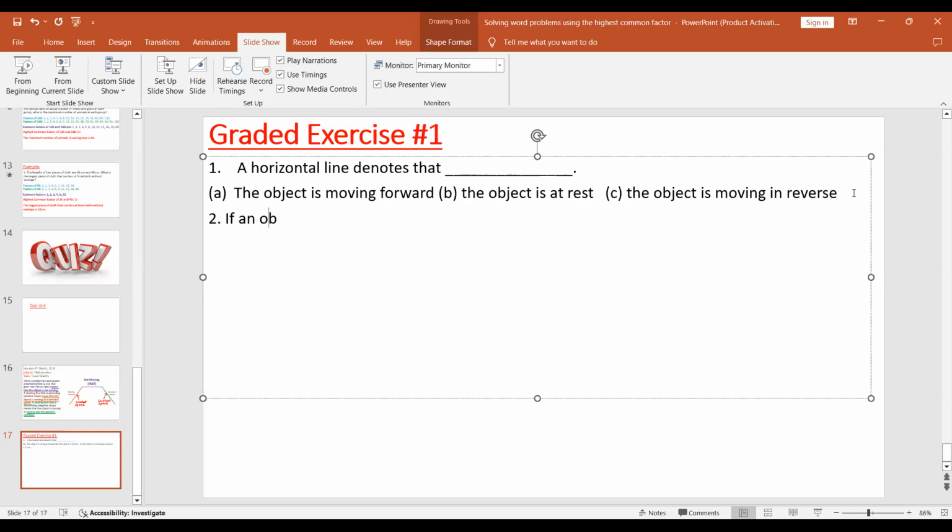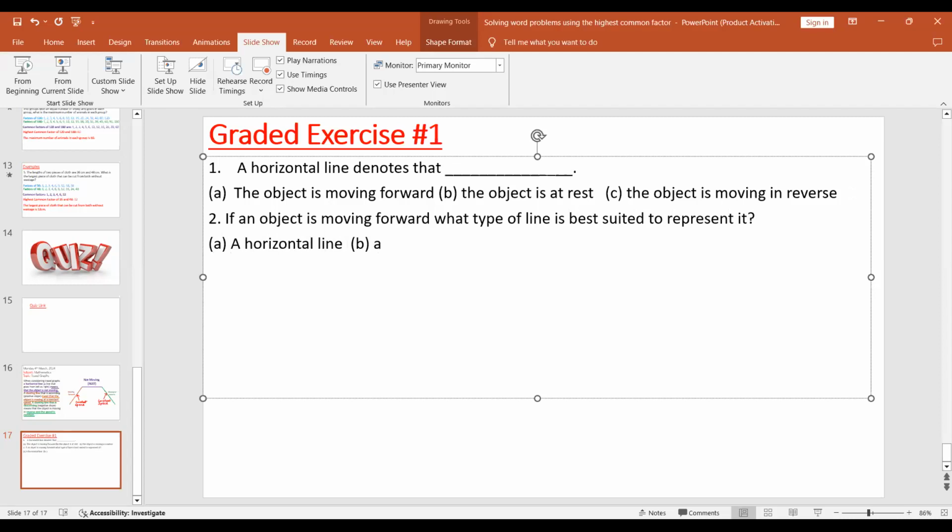If an object is moving forward, what type of line is best suited to represent it? Number 1, a horizontal line. B, a vertical line.